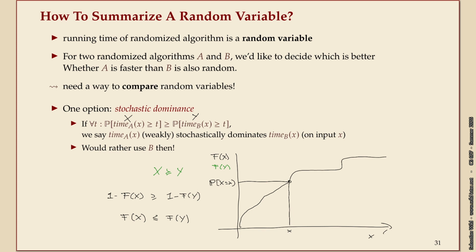I should not have written this like that. The random variable should go in the subscript or something like that. Let's call this t. And here we should have F_y of t. They're on the same axis, and I didn't draw y yet.